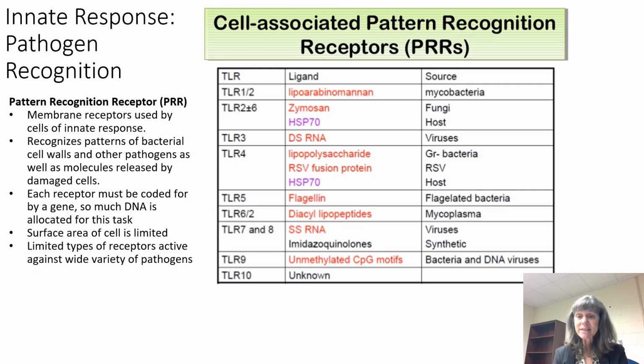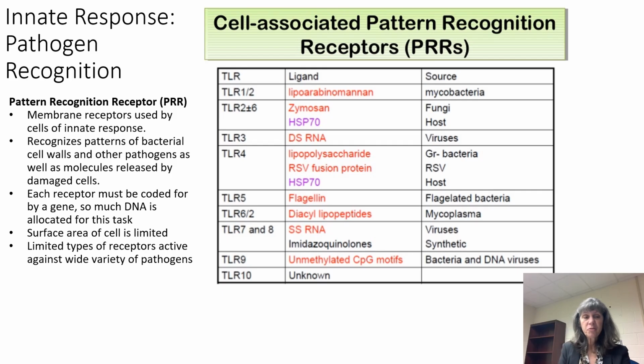Our natural killer cells, as well as other cells of the innate immune system, our phagocytic cells, also have the ability to recognize the patterns of molecules found on pathogens, such as the components of a bacterial cell wall or the proteins on the flagellum of bacteria.